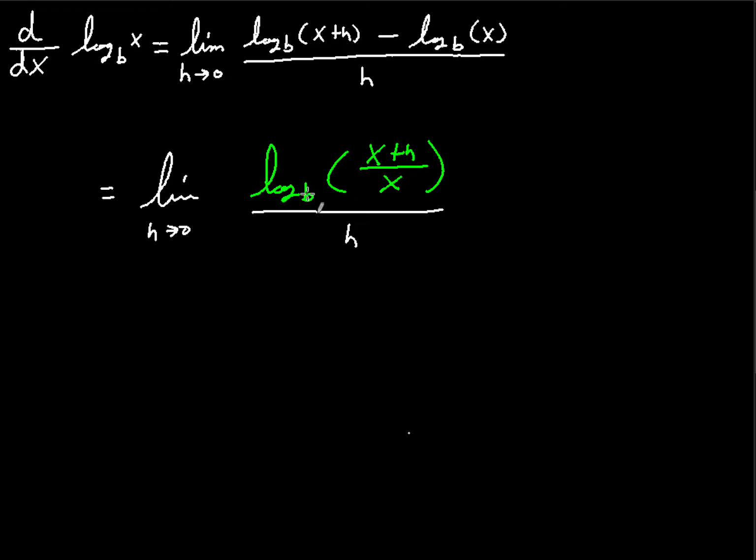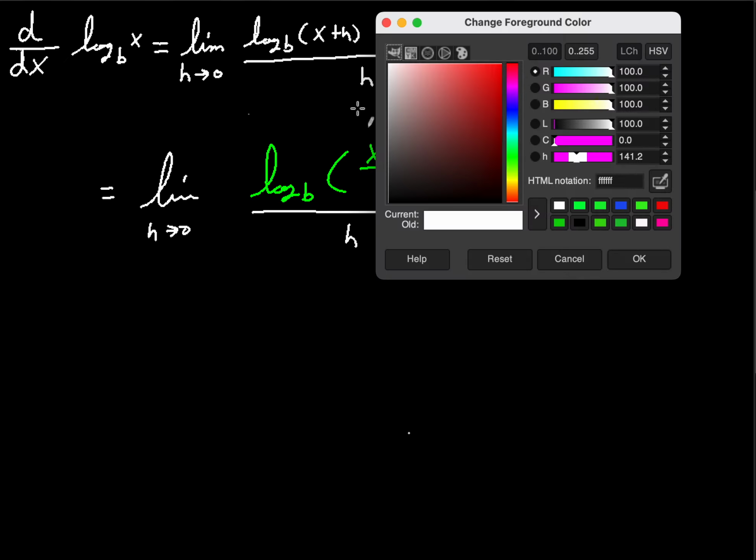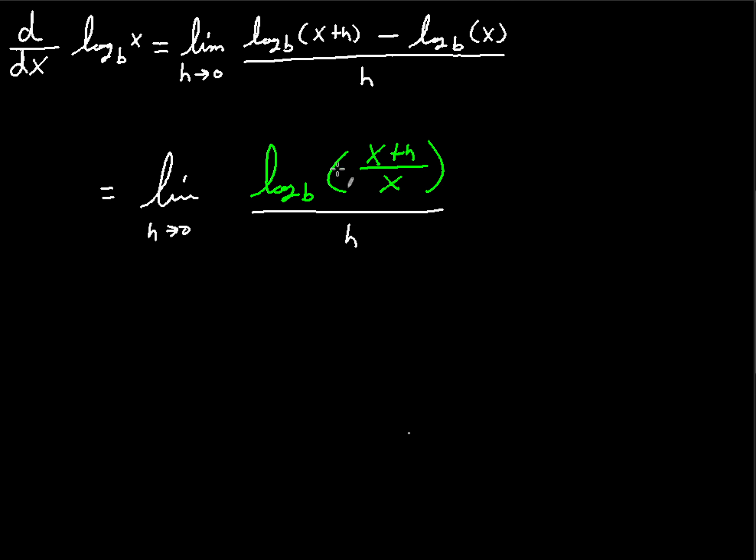I'm in log base b, and I'm wondering what else can be done. Again with log properties, since this is log base b, I'm wondering if we can't rewrite this argument using the change of base formula.